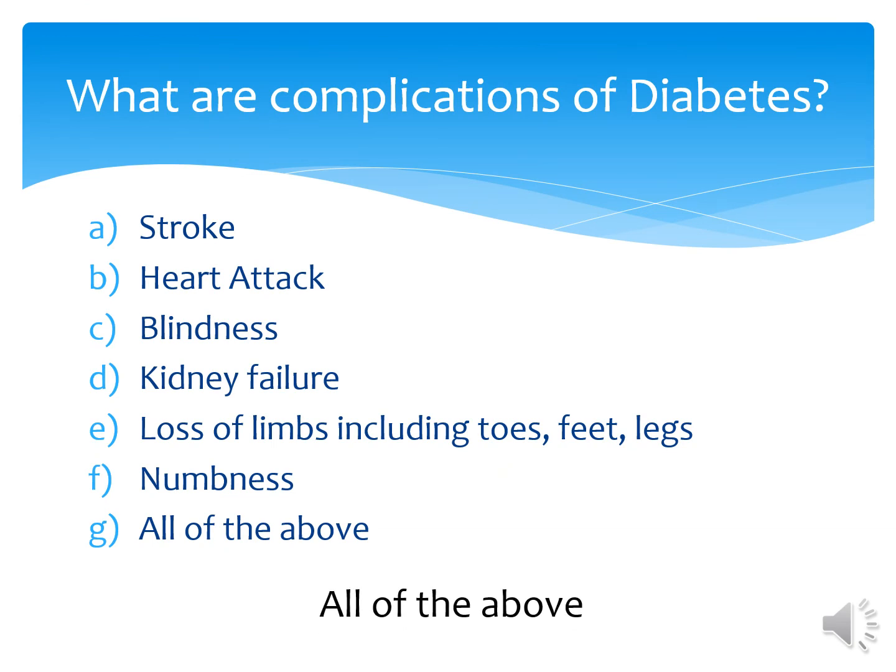What are the complications of diabetes? A, stroke. B, heart attack. C, blindness. D, kidney failure. E, loss of limbs, including toes, feet, and legs. F, numbness.